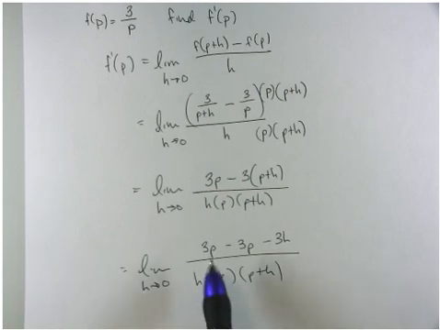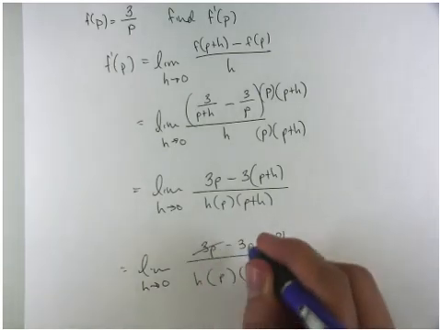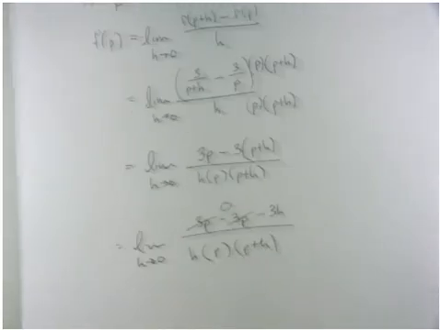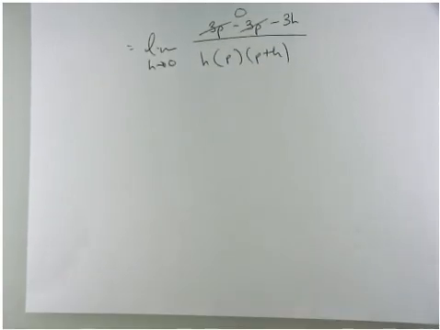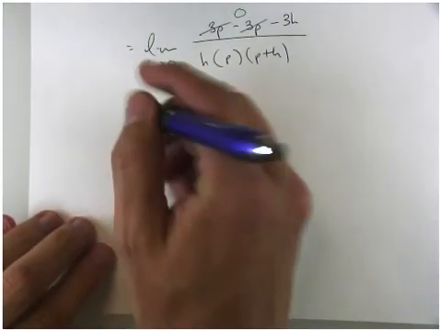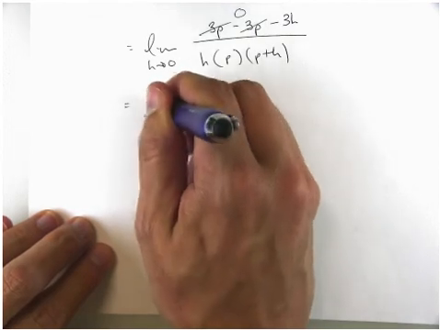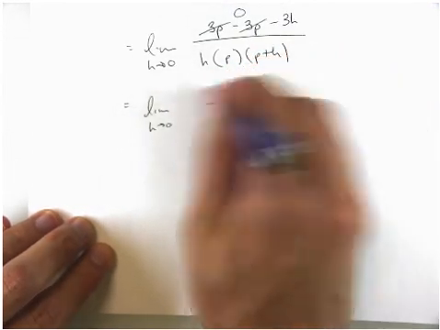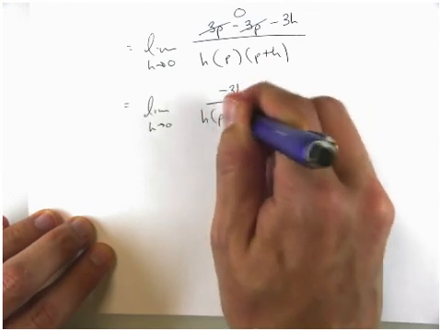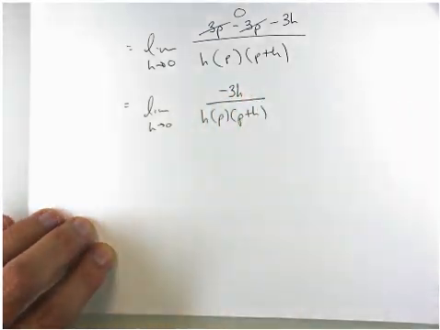And I can see that I have a 3p minus 3p, which is fantastic. That's just 0. Slide up here to the top. So this is the limit as h approaches 0 of negative 3h divided by h, p plus h.